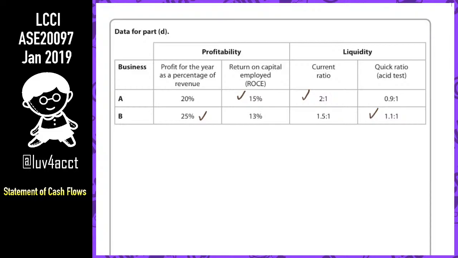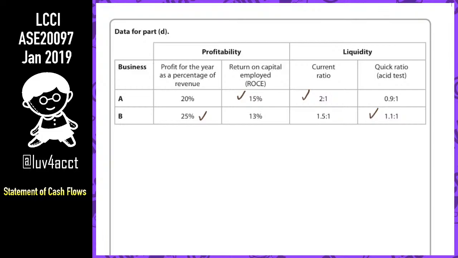But when we look at ROCE, it gives you the overall profitability in relation to the finance you have. For business A, yes, it is not gaining too much profit when compared to revenue, but if you compare to the amount of investment, then it is better.